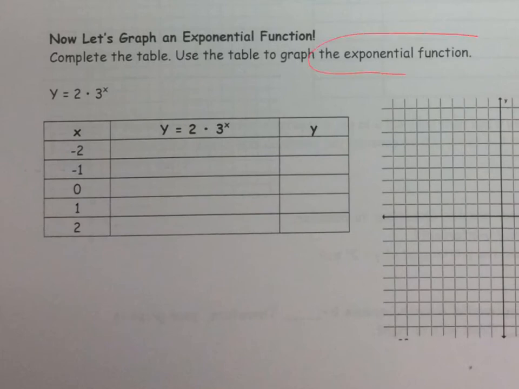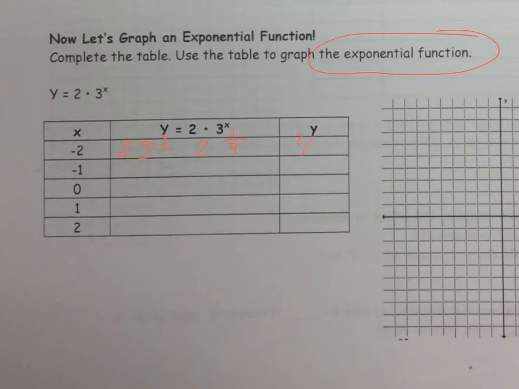So this is an exponential function. Again, you can do the same thing, plug it in. So 2 times 3 to the negative 2. My laws of exponents tell me that that's the same as 2 times 1 over 3 squared, which is 9.